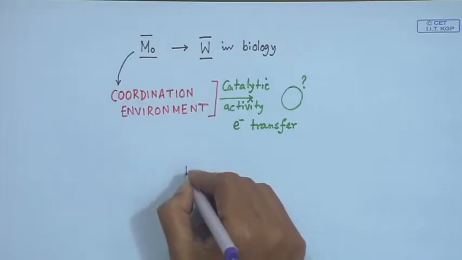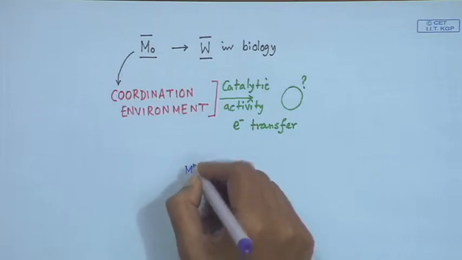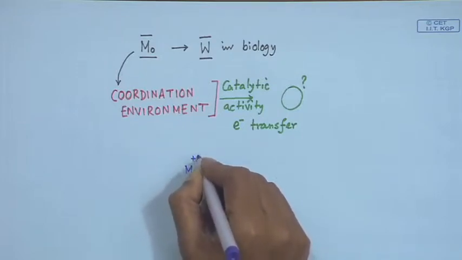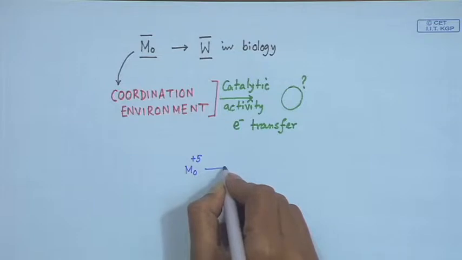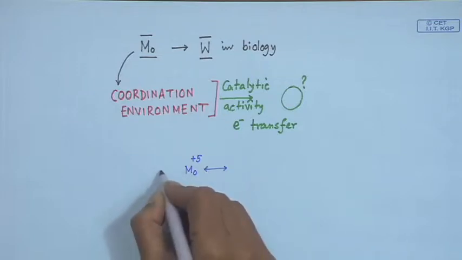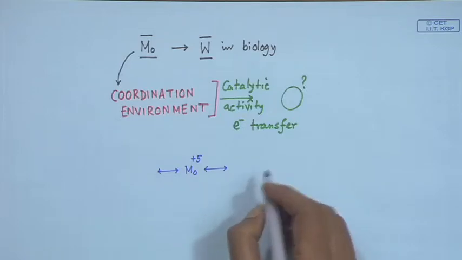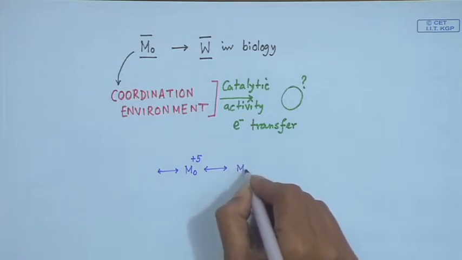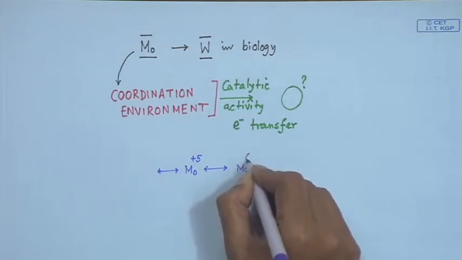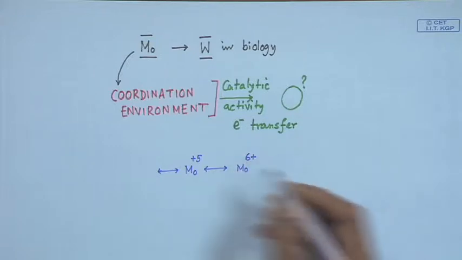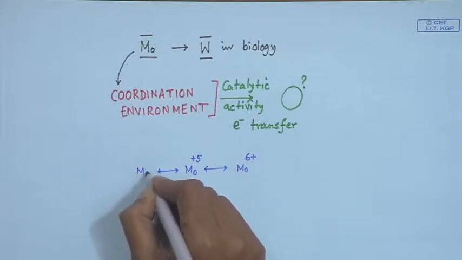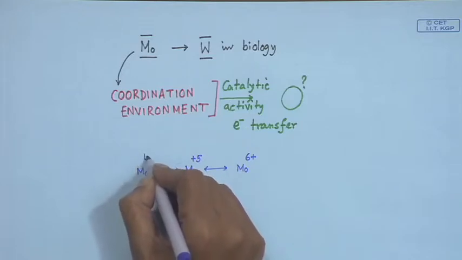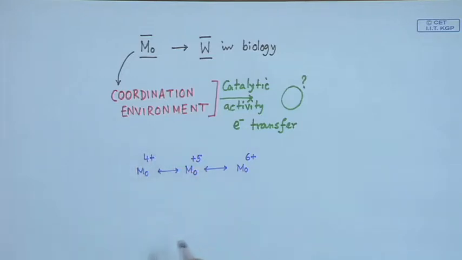So, we have molybdenum in +5, which is basically settling between two other oxidation states: the oxidized form, molybdenum 6 plus, and the reduced one, molybdenum 4 plus.